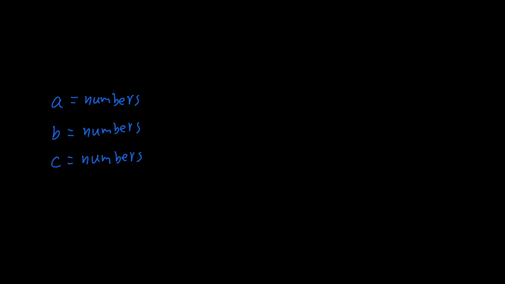To write the general form, we have (A plus B) plus C equals A plus (B plus C). We put the parentheses around A and B on the left-hand side, and on the right-hand side, we put the parentheses around B and C. This is for the addition.